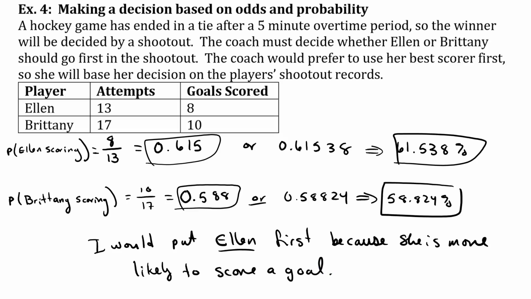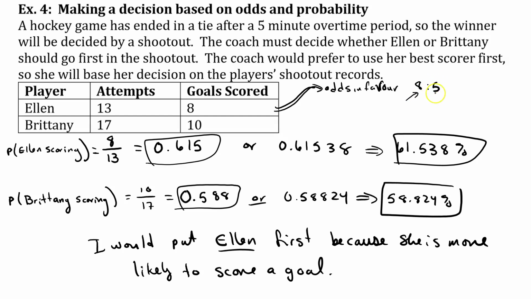What I could have done is I could have set up the odds in favor or odds against. So this one, if we were to say the odds in favor, it would be 8 to 5. So this would mean that this is how many goals she scored.